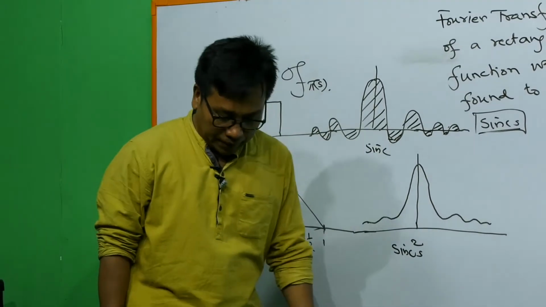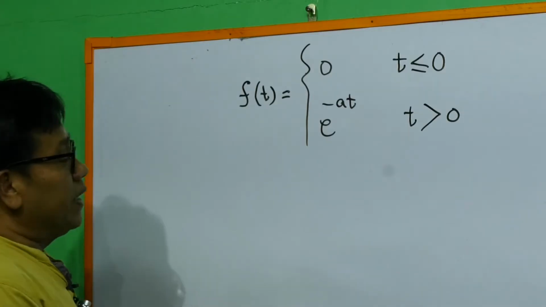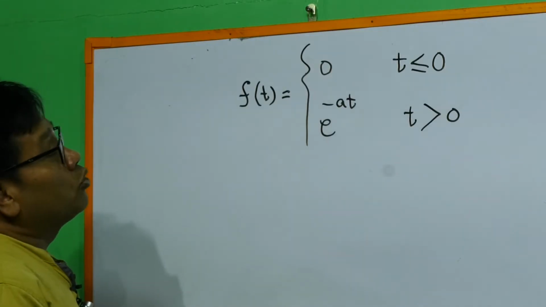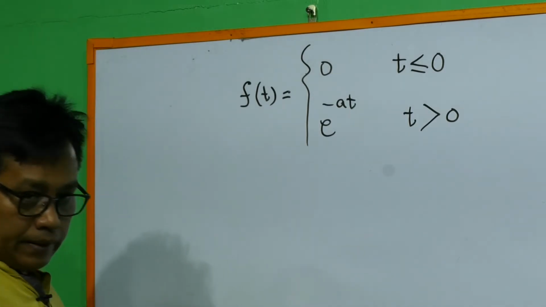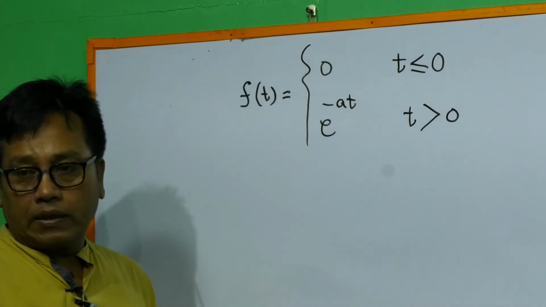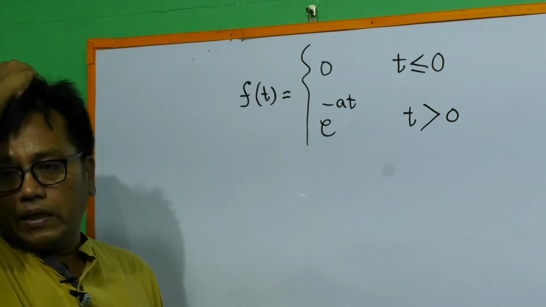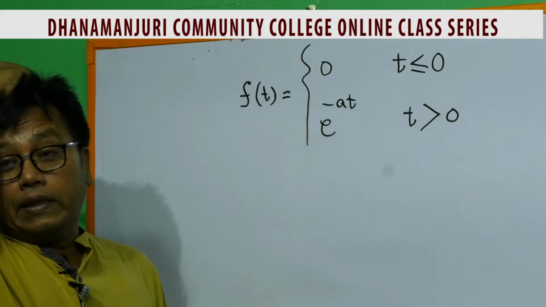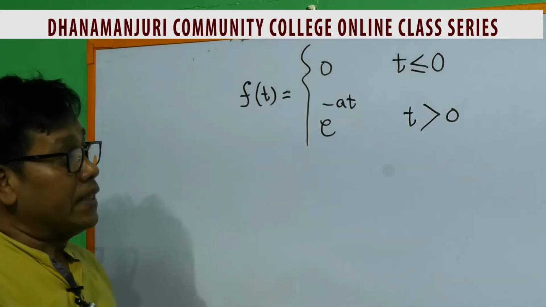Now we'll be coming to the exponential decay function, which is also commonly seen in the decay and growth of the electric current in the LR circuit or the LCR circuit, as you have already discussed in the B.Sc classes.